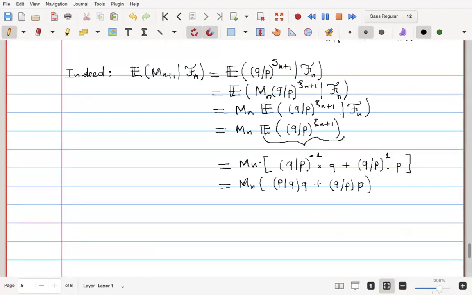Now you see that this p and that p will cancel out, and this q with that q will cancel out, and it will be p plus q. So actually all that factor is 1, but let's write all the steps. We know that p plus q is 1 because q is 1 minus p, which is just M n times 1, which is M n. So that's exactly what we are looking for. So we are done at this stage for that question. It gives us M n.